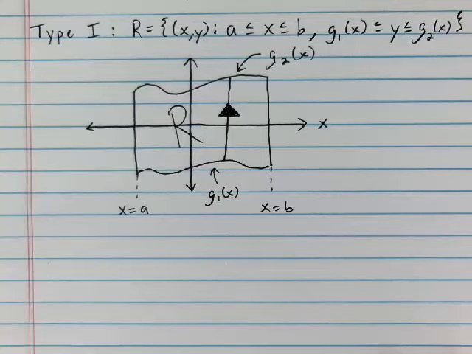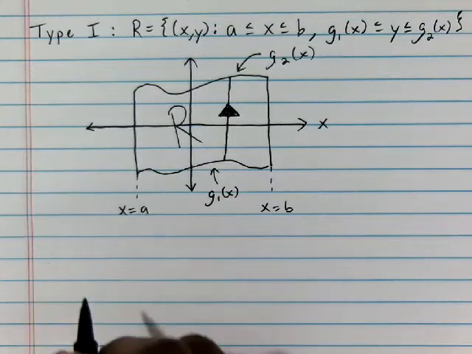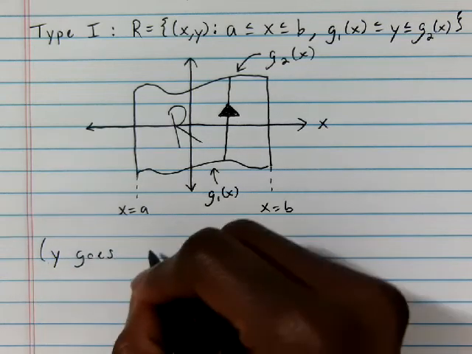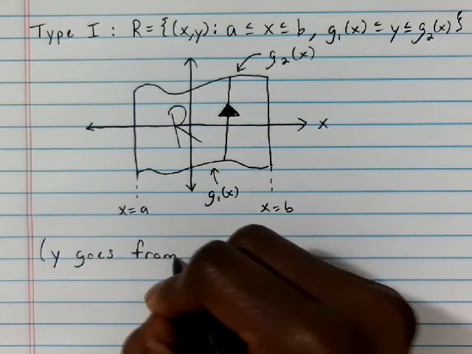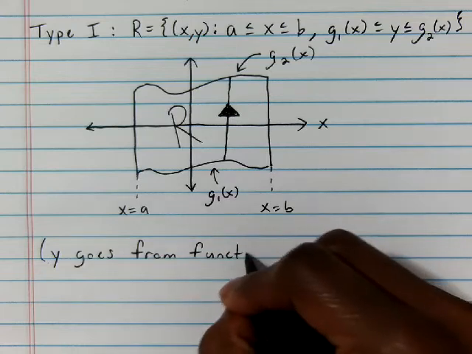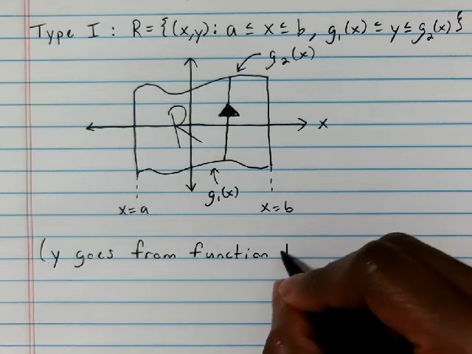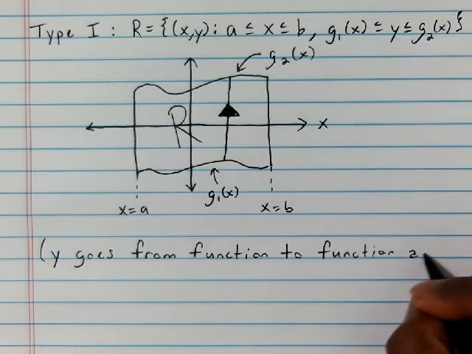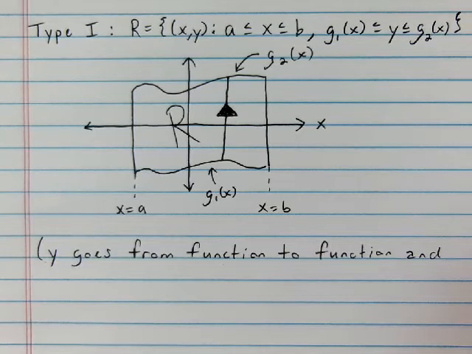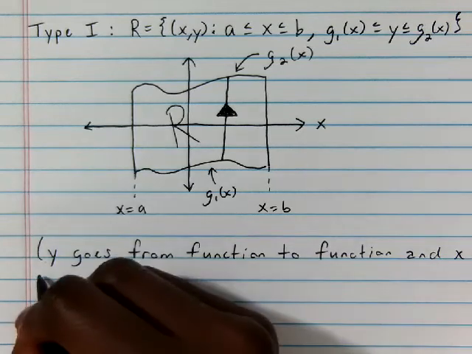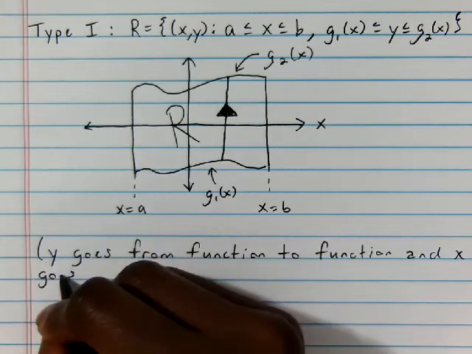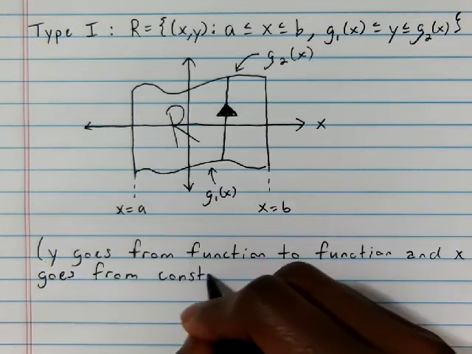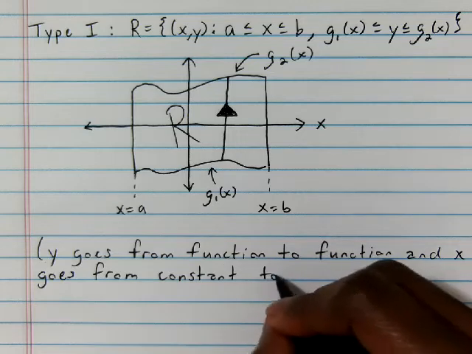And then the type 2 region. So let me just restate some of those things. So y goes from function to function and x goes from constant to constant.